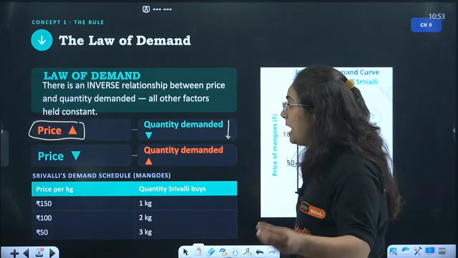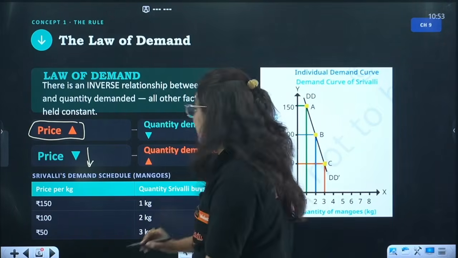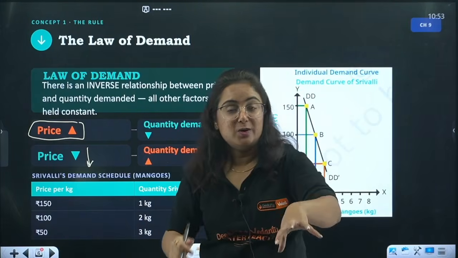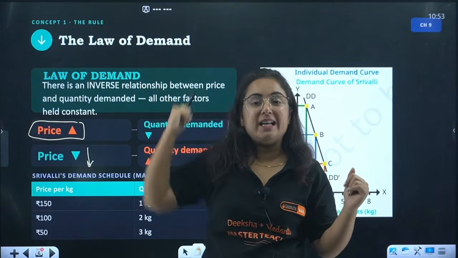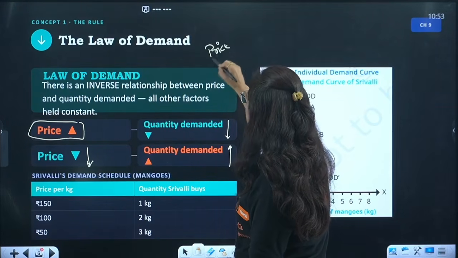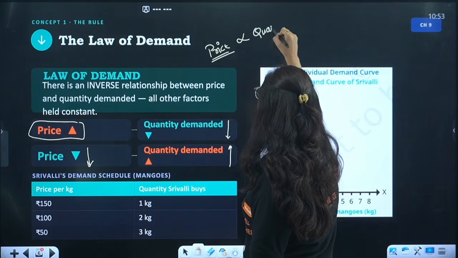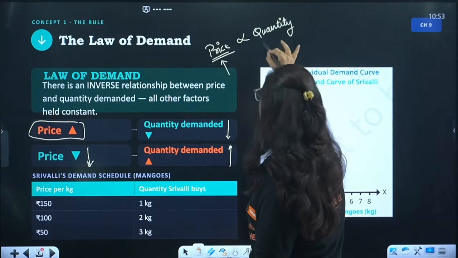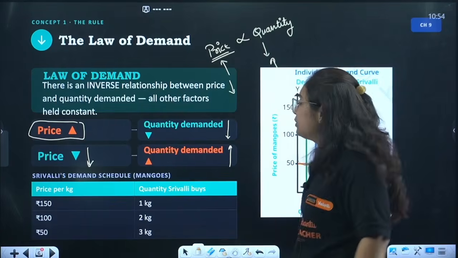But if the price of a product reduces, the quantity increases. Like when the price of mangoes reduced, we are able to buy more mangoes and hence the quantity increased. There is an inverse relationship between price and quantity. When price increases, quantity decreases. When price decreases, quantity eventually increases.